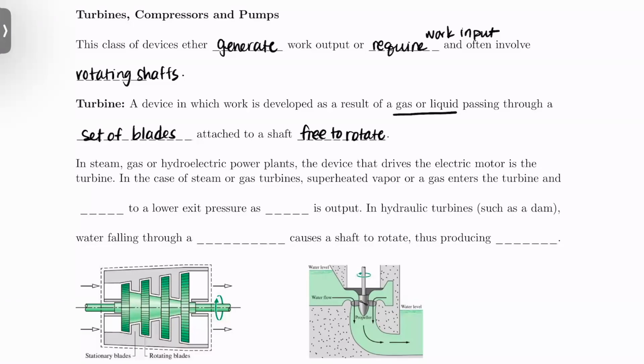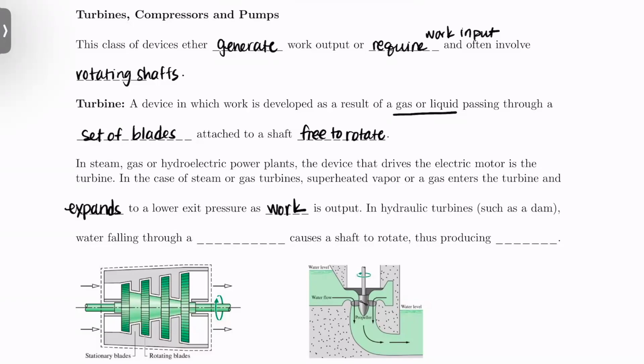In steam, gas, or hydroelectric power plants, the device that drives the electric motor is the turbine. And then in the case of steam or gas turbines, superheated vapor or gas enters the turbine and expands to a lower exit pressure as work is output.